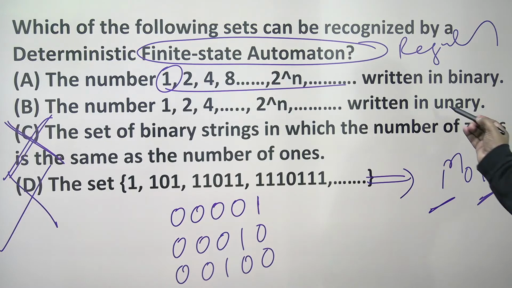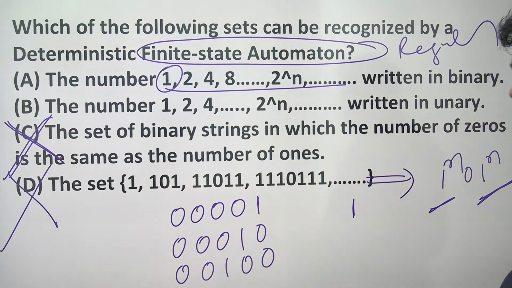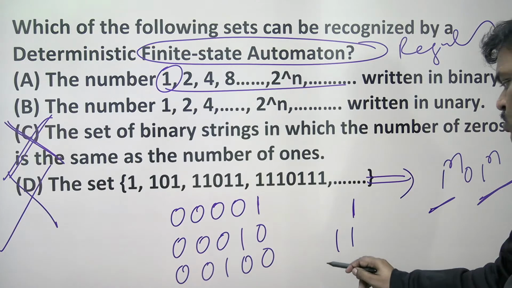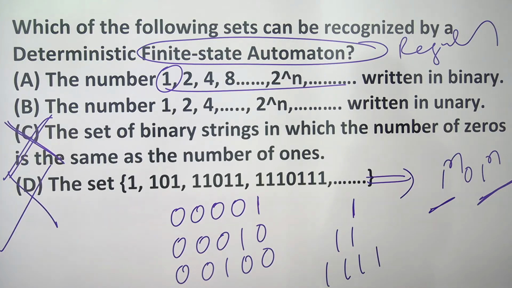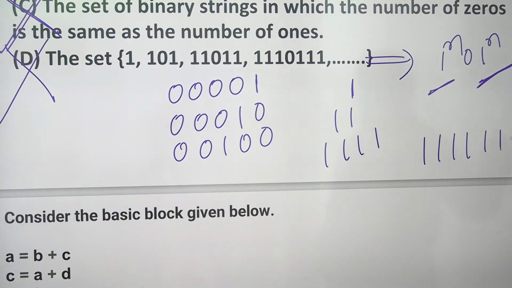How do we write unary? 1, 2, next one 4, next one 8. This is the unary.